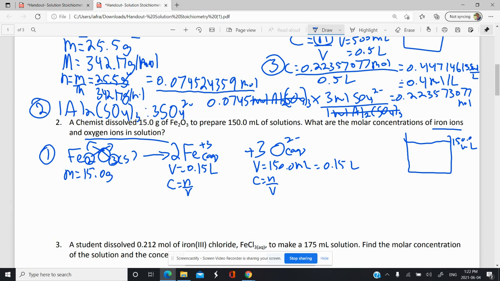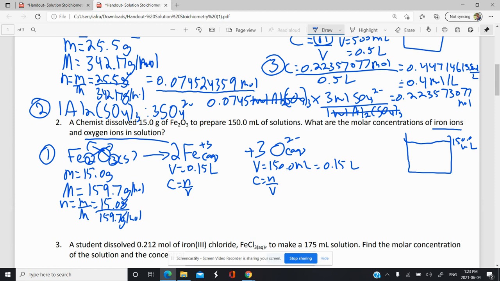So let's do our molar mass here. Let's see. So we have 48 plus 55.85 times 2. And if I make a mistake, let me know just in case. I don't want to carry the mistake out too long. So 159.7 grams per mole. And our moles are going to be mass over molar mass, which is 15.0 grams over 159.7 grams per mole.